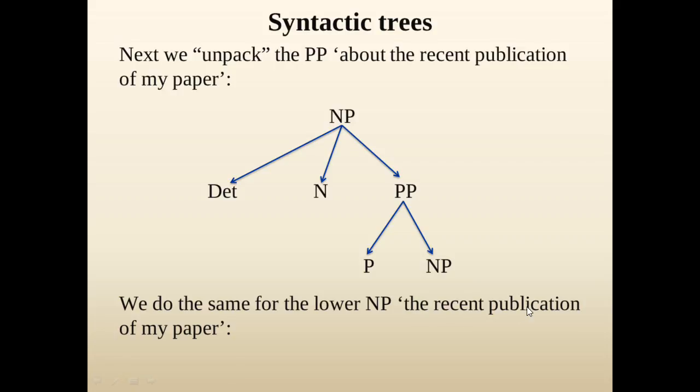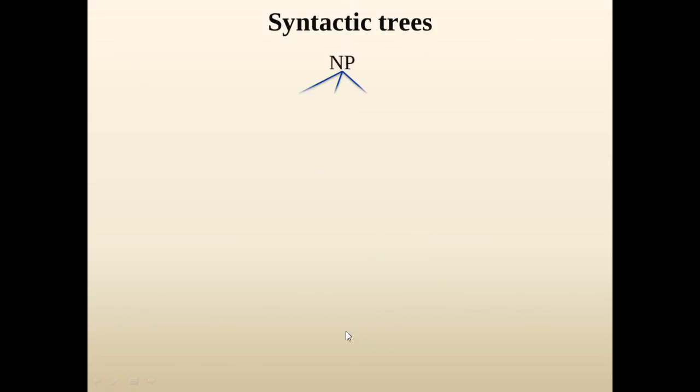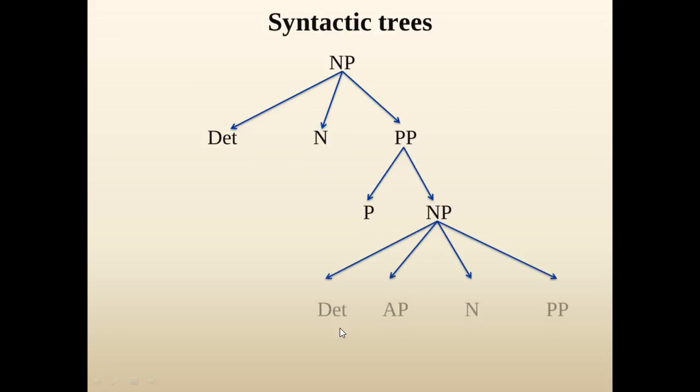We have the head noun, publication, and we have the preposition phrase of my paper, which means that this particular node branches into four branches: determiner, adjective phrase recent, head noun publication, and preposition phrase of my paper.